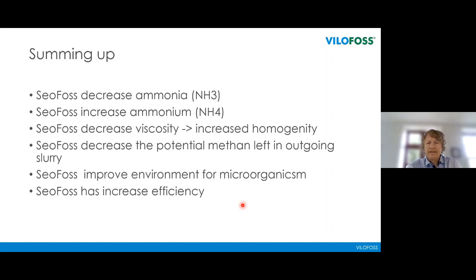We have also seen that the residual methane in the slurry leaving the plant is less if you're using Seofoss. So overall, we can say that Seofoss improves the environment for the microorganisms, which in the end increases the efficiency of the whole plant.